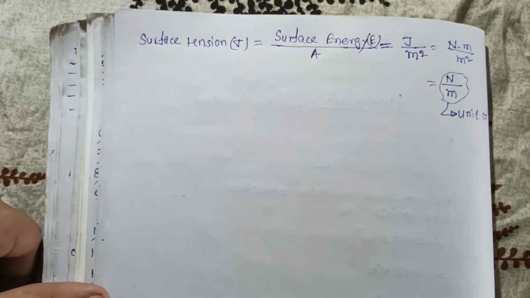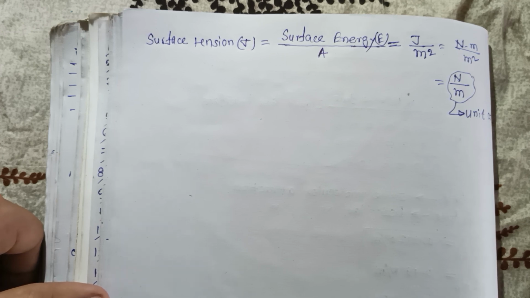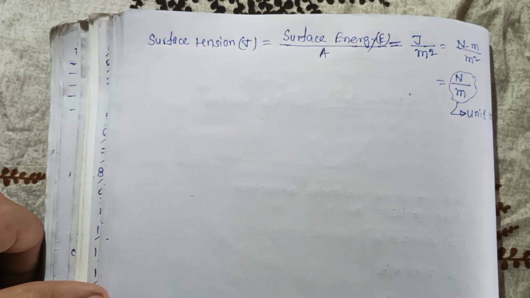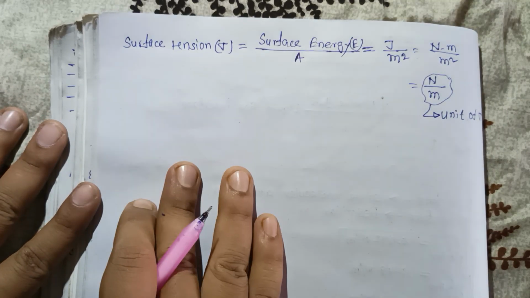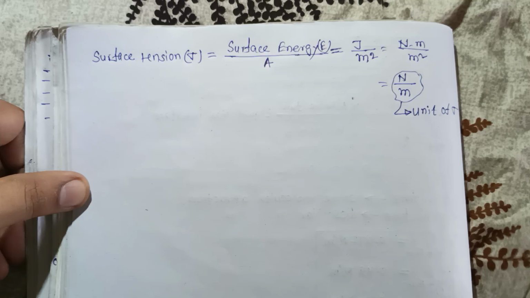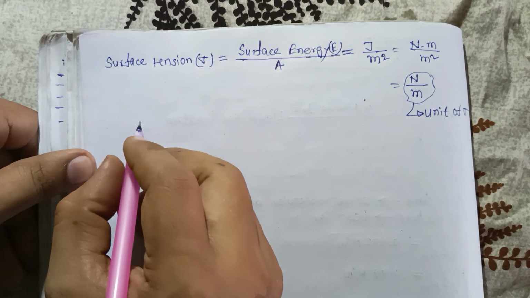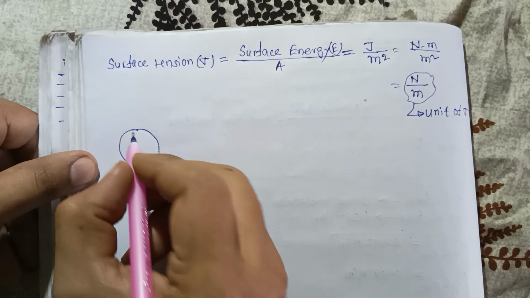That is why it is the more stable geometry, so liquid droplets and bubbles are naturally spherical. Suppose this is a liquid droplet.